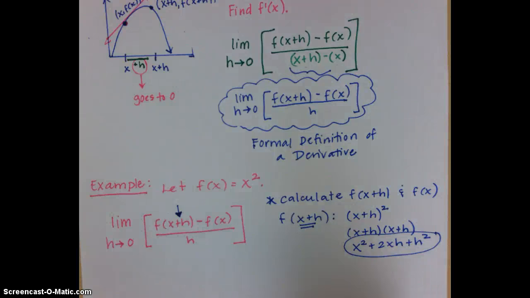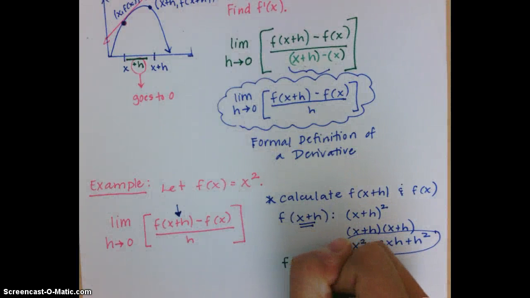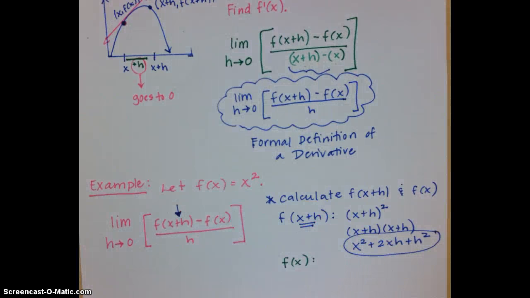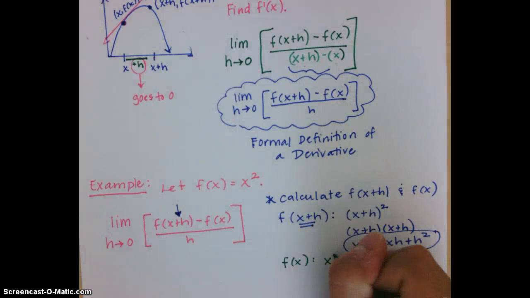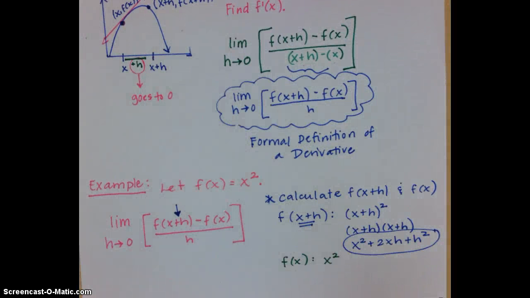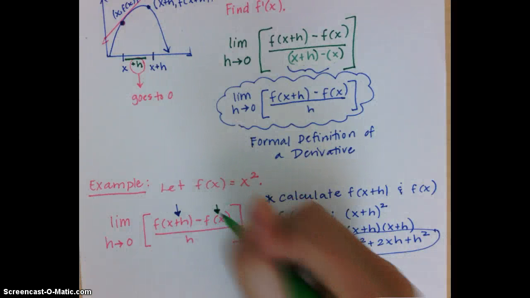All right, now we also need f of x. This one is much easier to calculate because f of x is just the function itself, x squared. We're not plugging anything into that. So that's going to get plugged in right here.